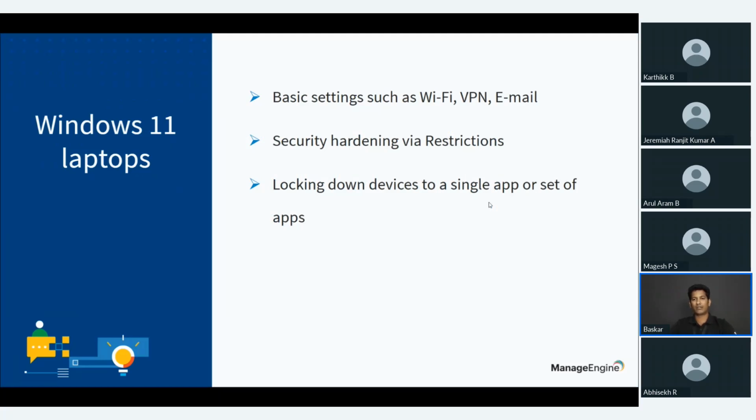Like Wi-Fi profile configuration, we can configure email restrictions, and also put some restrictions to secure the devices handled by the end user. And also we can lock down the devices to a single app. For example, if your organization is using Windows devices only for a specific application, and you don't want the end user to be allowed as admin to use any other software on their devices, in that case we have the profile configuration option.